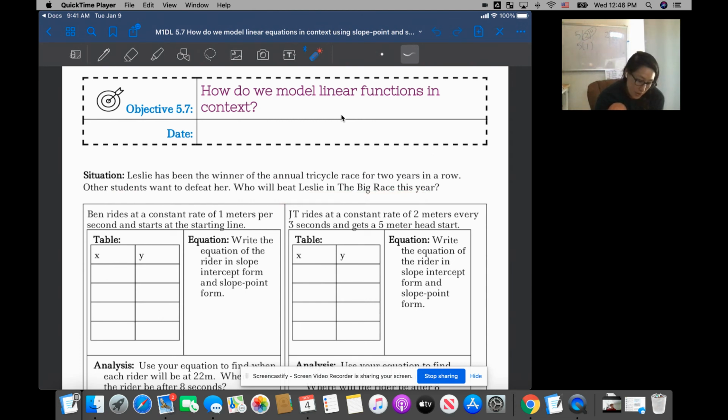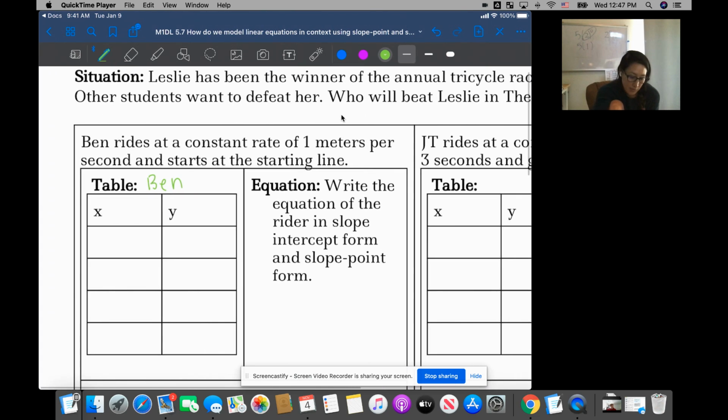Okay, so Ben is going to ride at a constant rate of 1 meter per second and starts at the starting line. So we're going to fill out his table right now. And I know that since we are measuring how far they are going, that's going to be the y variable.